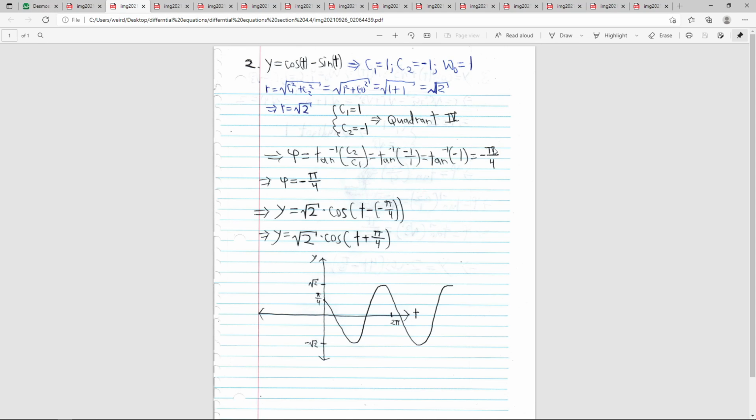Well, you get negative pi fourth this time, of course, because it's inverse tangent of negative 1. So it becomes t minus negative pi fourth in our formula, and we plug it into that standard formula, and we get t plus pi fourth. So square root of 2 times cosine of t plus pi fourth.